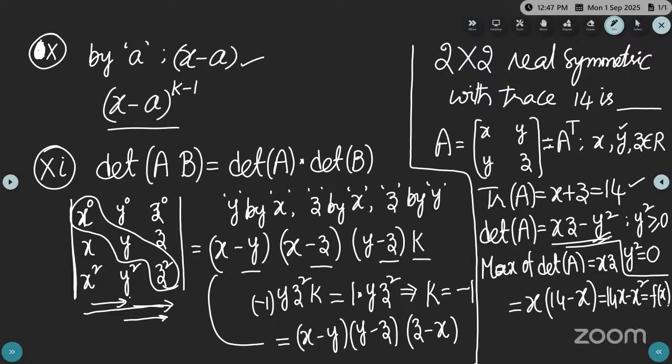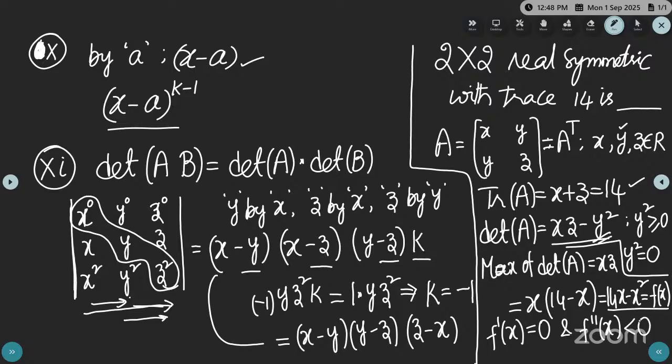When will f of x be maximum? If its first derivative is 0 and second derivative is negative. Write it: f of x will be maximum if f dash of x equals 0 and f double dash of x is less than 0.